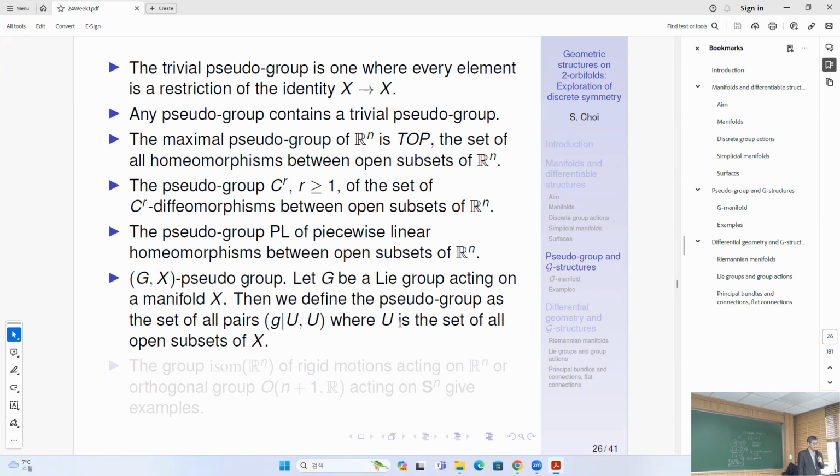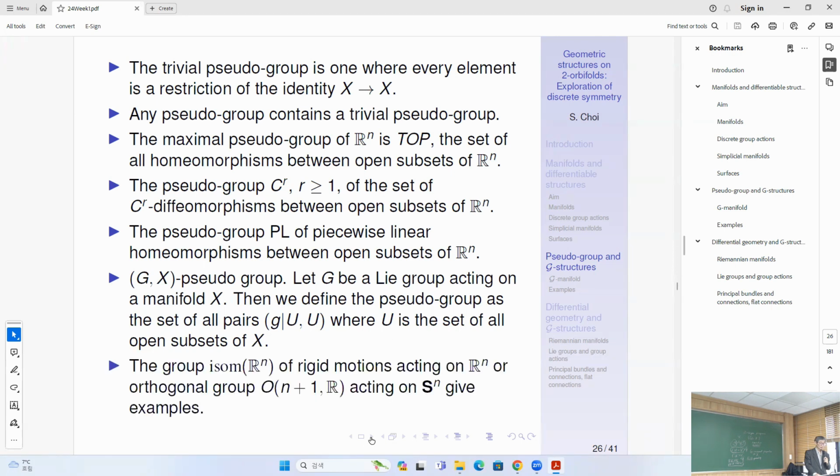And the G-X pseudogroup. Let G be a Lie group acting on a manifold X. Then you can define the pseudogroup as the set of all pairs, where U is an open subset of X, and you restrict g to these open sets. Maybe this isn't completely right, I have to recheck it, but anyway, I'll keep going.